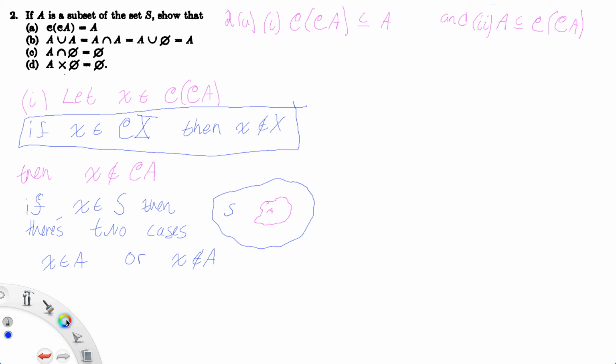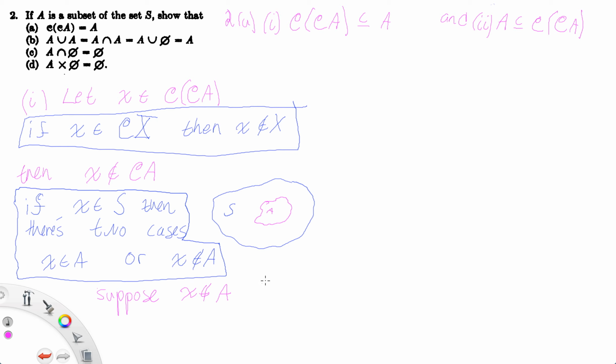So back to our problem. Let me box this here for importance. So x is not in the complement of A, and let's consider, suppose x is not in A. So let's suppose this right side case here.